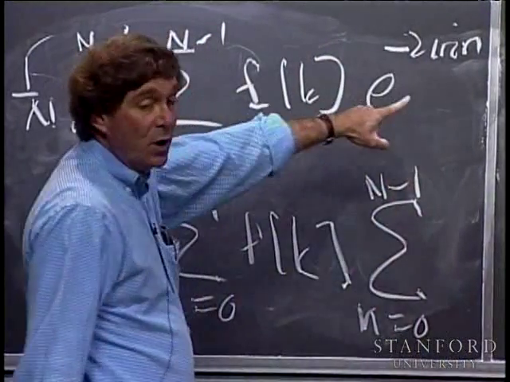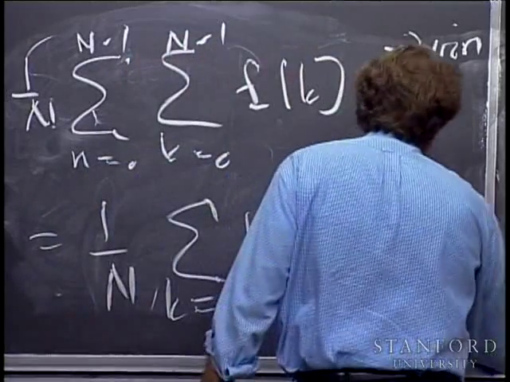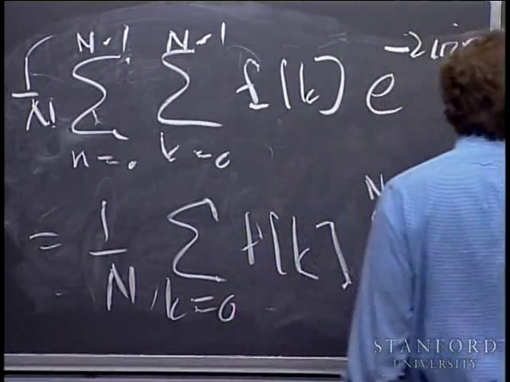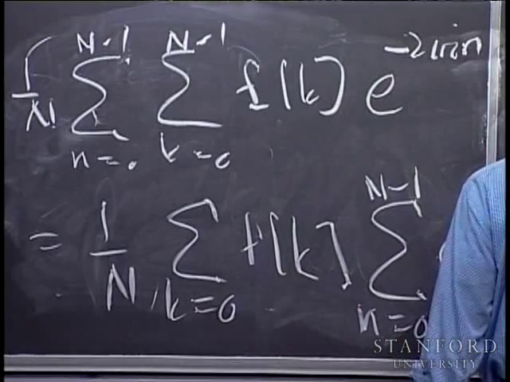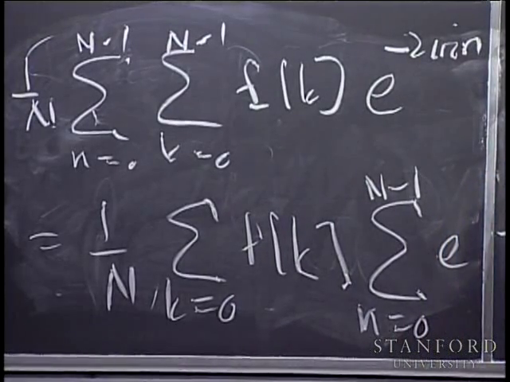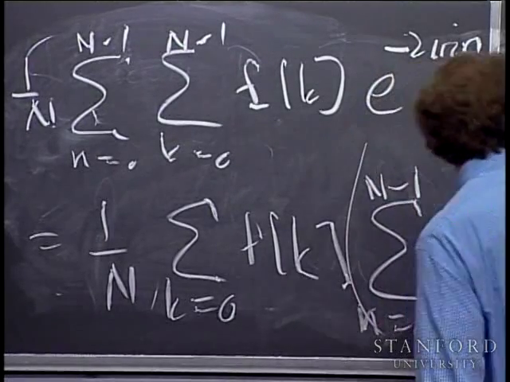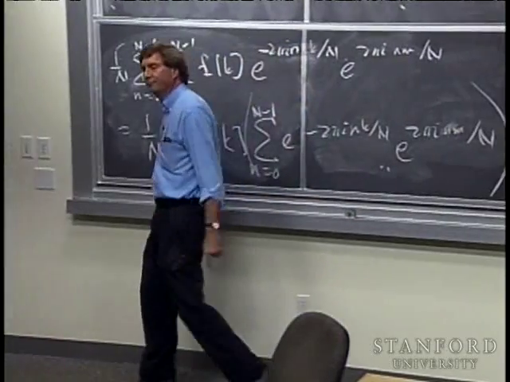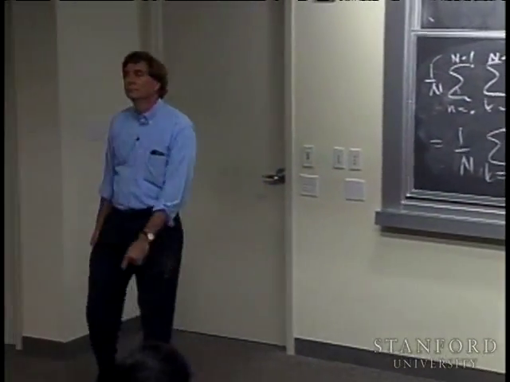And what remains are these products of complex exponentials: e to the minus 2 pi i n k over N times e to the 2 pi i n m over N. Okay? Wonderful. You have to have a certain taste for this.